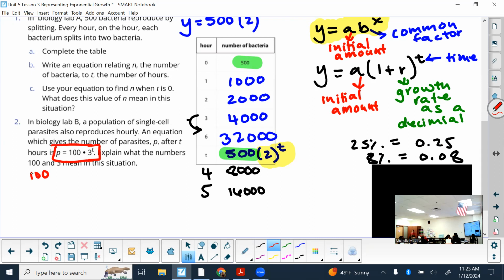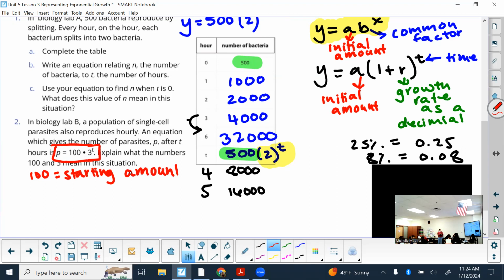So in biology lab B, what is the 100 referring to? Okay. So it's my starting amount of bacteria, or it looks like parasites, but same difference.